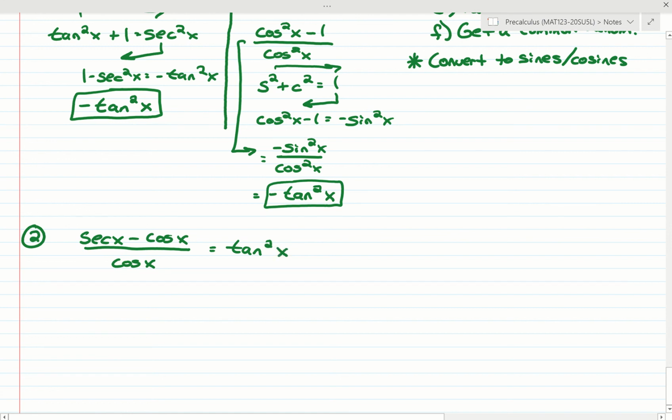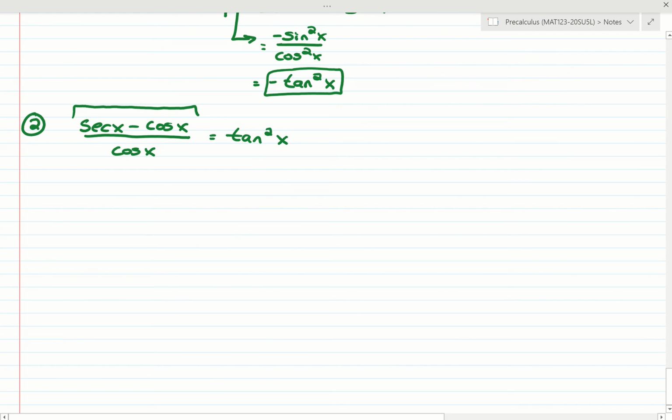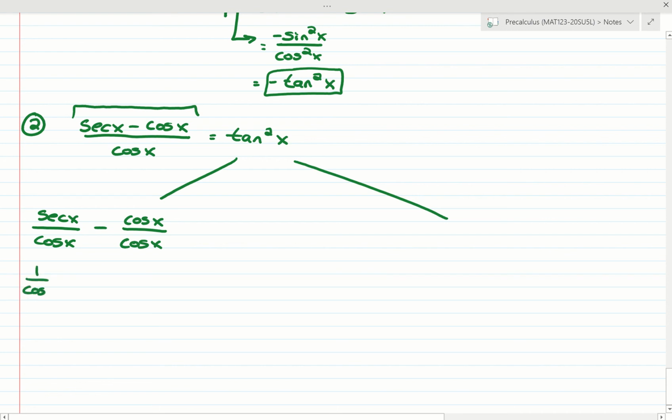All right, well, let's pick the more complicated side. And we could do this a few different ways. I'll show you 2 ways to do this. One thing we could do is we could actually break up the fractions. We could write this as secant of x over cosine of x minus cosine of x over cosine of x. We're dividing by a monomial, so we're allowed to do that. Secant is 1 over cosine.